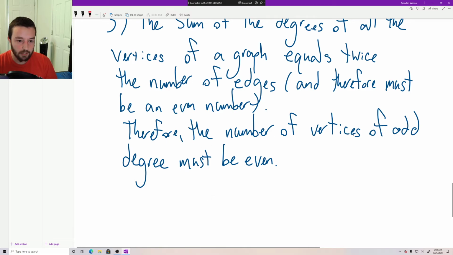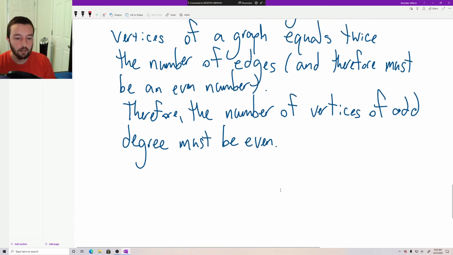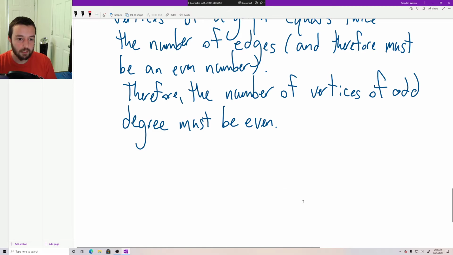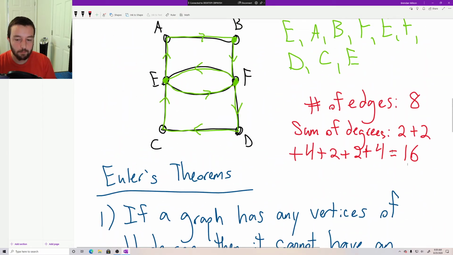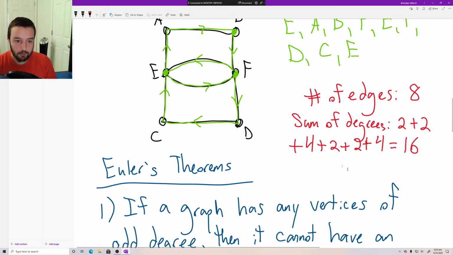Therefore, the number of vertices of odd degree must be even. Okay. So let's think about what this is saying. This is essentially saying, okay, if we go back up to this, think about all the numbers we added up. These are all the degrees, right? So here there were 0 vertices of odd degree. So it worked out.